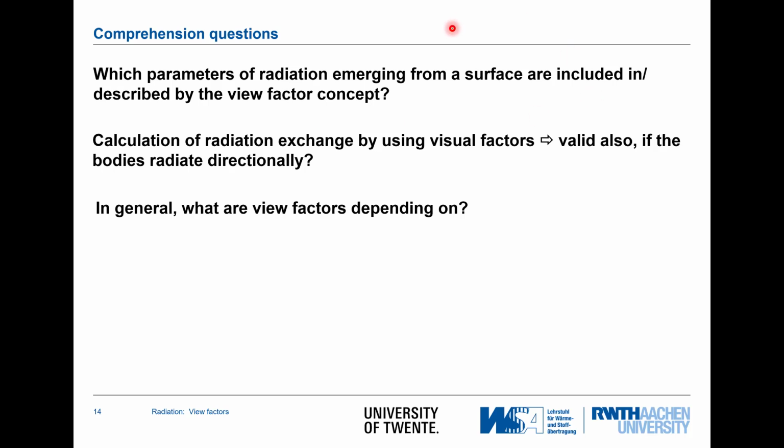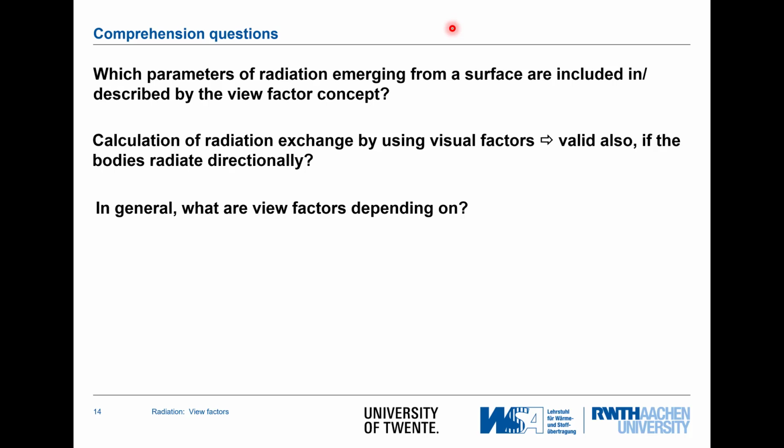The comprehension questions at the end are: which parameter of radiation that is emerging from a surface is described by the view factor concept? And you will have to train to calculate radiation exchange by using the view factors.